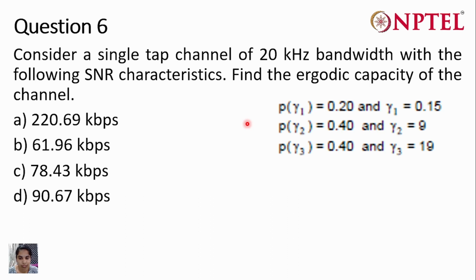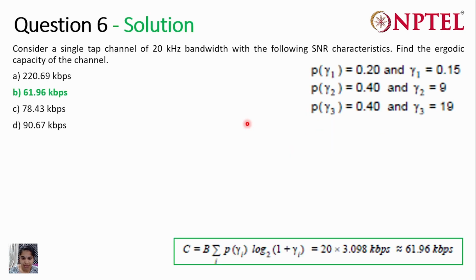It will be the expectation of capacities. Basically, it will be capacity at gamma 1 into probability of gamma 1. If you calculate in that sense, the answer will be 61.96 kilobits per second.